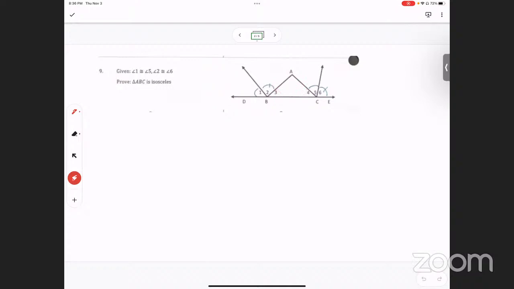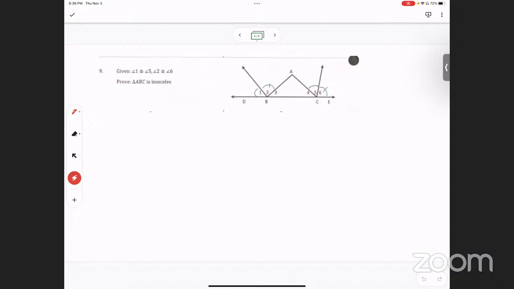And then you can show that 3 and 4 are equal by, this is where it gets a little bit tricky, which one do we use? Do we want to use subtraction property or supplement? Probably supplement maybe.